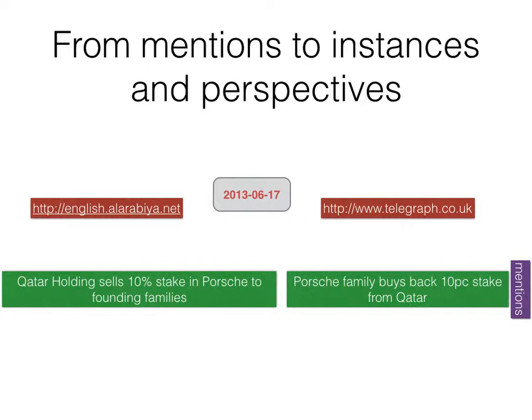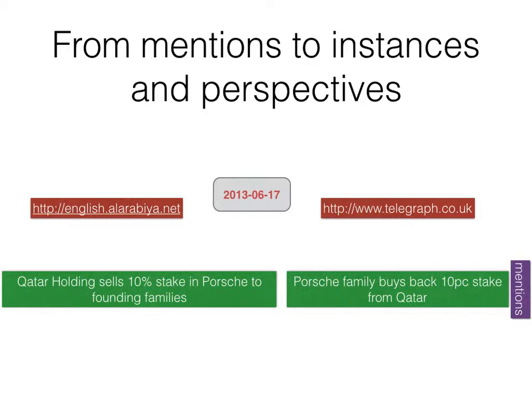Qatar Holding and Qatar refer to the same entity, and so do founding families and Porsche family. We can say the same for the event, which is mentioned as sell in one title and as buyback in the other. The natural language processing software of NewsReader detects such entities and events in text.